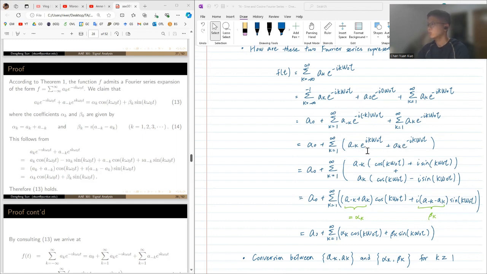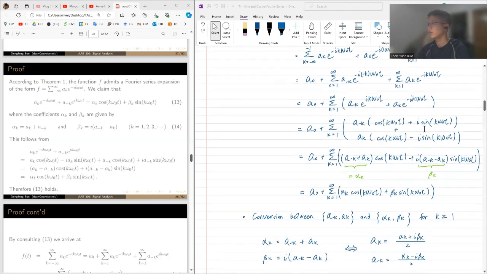Next, we are going to expand these exponential functions using Euler's formula. So e to the i k omega naught t will become cosine of k omega naught t plus i sine of k omega naught t. And e to the negative i k omega naught t will become cosine of k omega naught t minus i sine of k omega naught t.